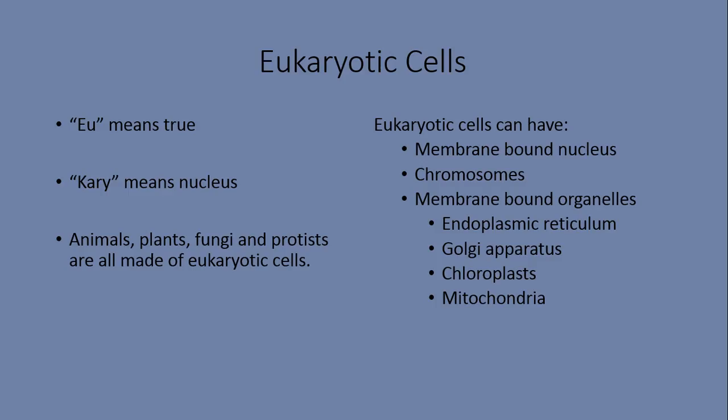They can have chromosomes as well as membrane-bound organelles. Some of these membrane-bound organelles include endoplasmic reticulum, the Golgi apparatus, chloroplast, and mitochondria. There are many other organelles that are also found within eukaryotic cells, but this is just an example of a few of them.